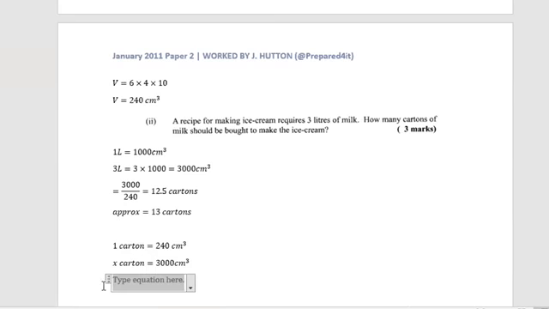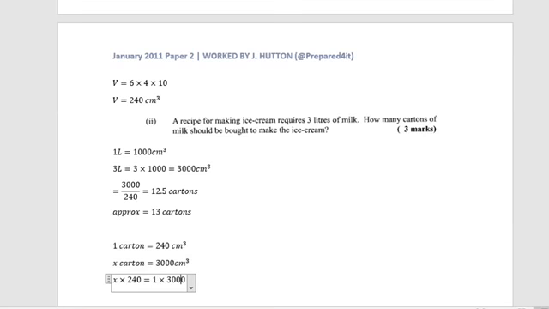So cross multiply, I have X multiplied by 240 centimeter cube is equal to 3000 centimeter cube multiplied by 1 carton. So it is 1 multiplied by 3000.